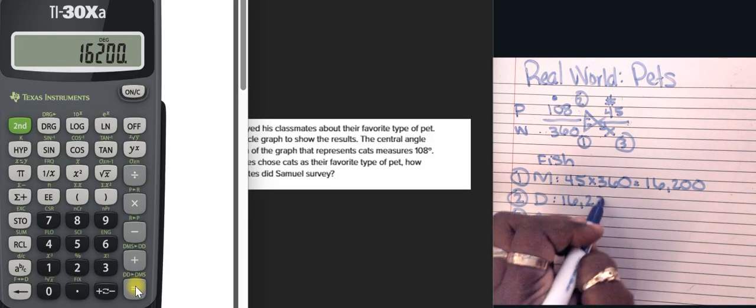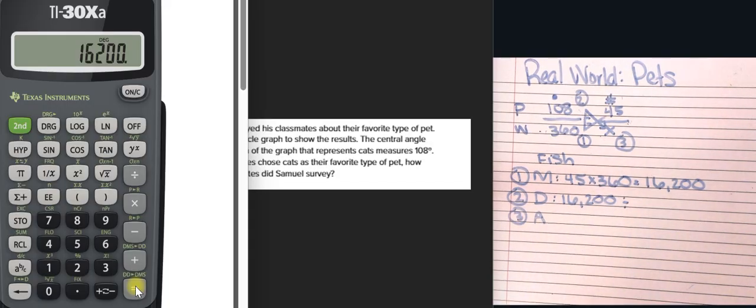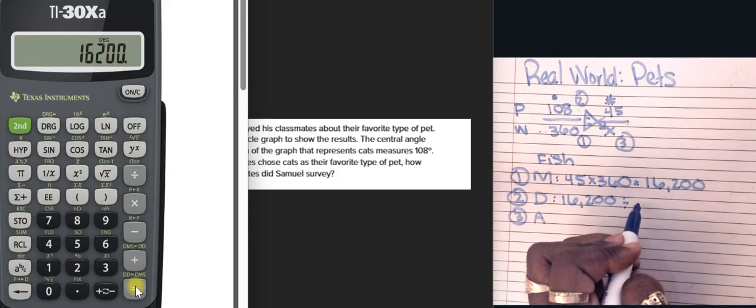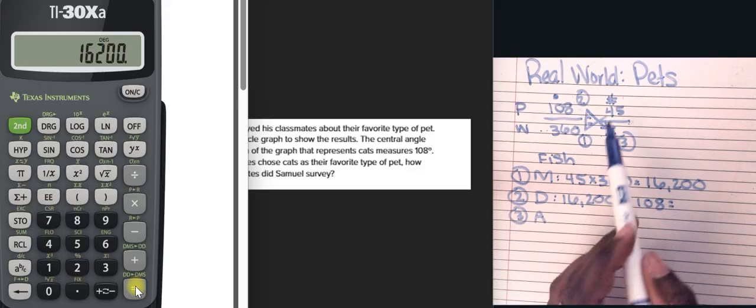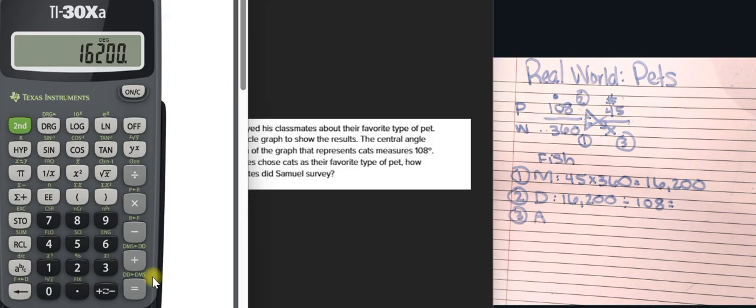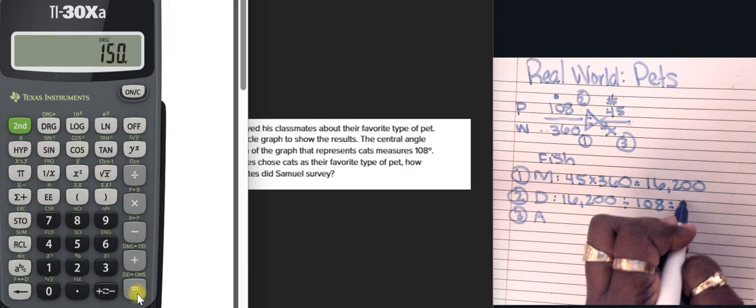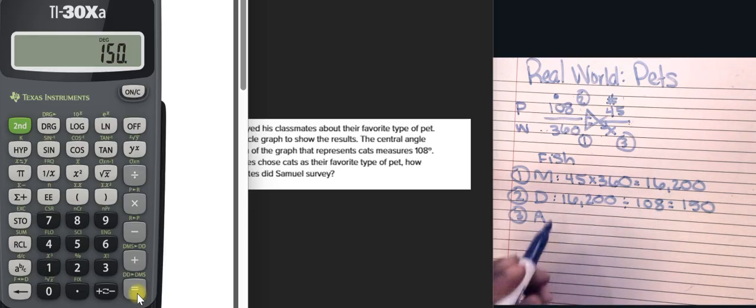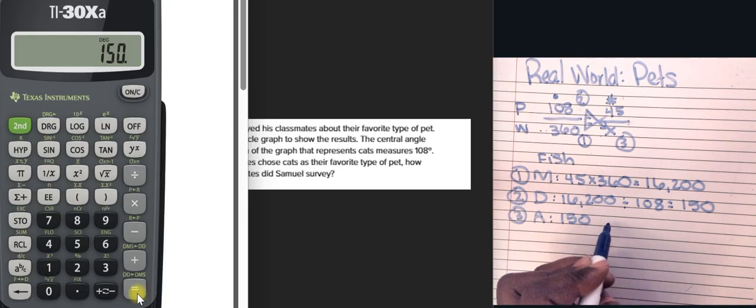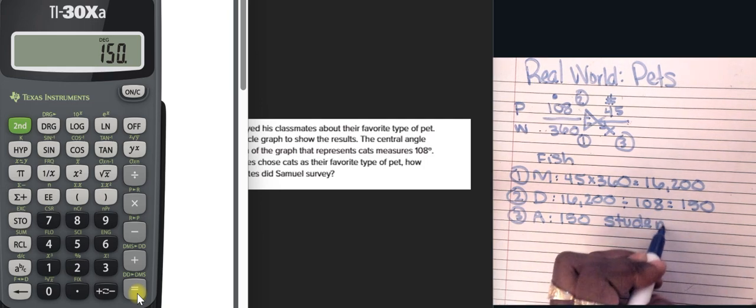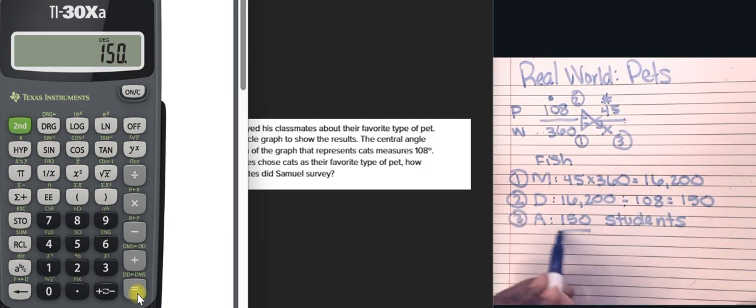Now we're going to use division, so we're going to divide that by 108. And now we have 150. Now you're going to take that and plug it in here for your answer. So 150, and then just add your unit. In this case, it's 150 students that were surveyed. So there's your answer.